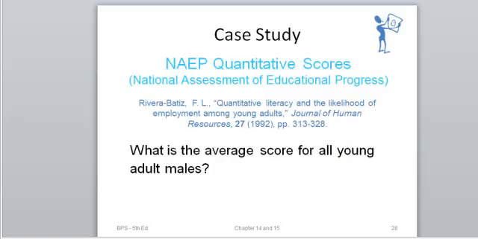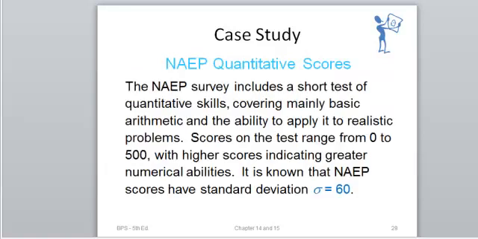So we're going to look at a specific example. What is the average score for all young adult males for the NAEP quantitative score? The NAEP survey includes a short test of quantitative skills, covering mainly basic arithmetic and the ability to apply it to a realistic problem. Scores on the test range from 0 to 500, with higher scores indicating greater numerical abilities.